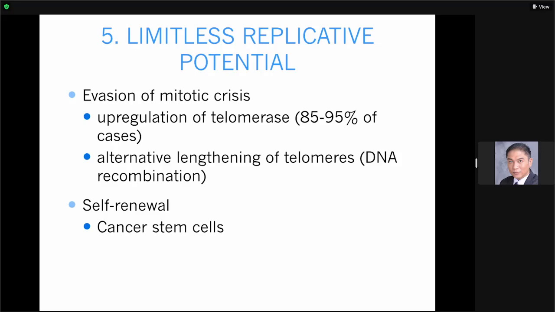And to prevent that from happening, there has to be upregulation of telomerase or alternative lengthening of the telomeres. Of these two, the second is accomplished by DNA recombination. Of these two, the former, which is upregulation of telomerase, is the most common mechanism to evade mitotic crisis.